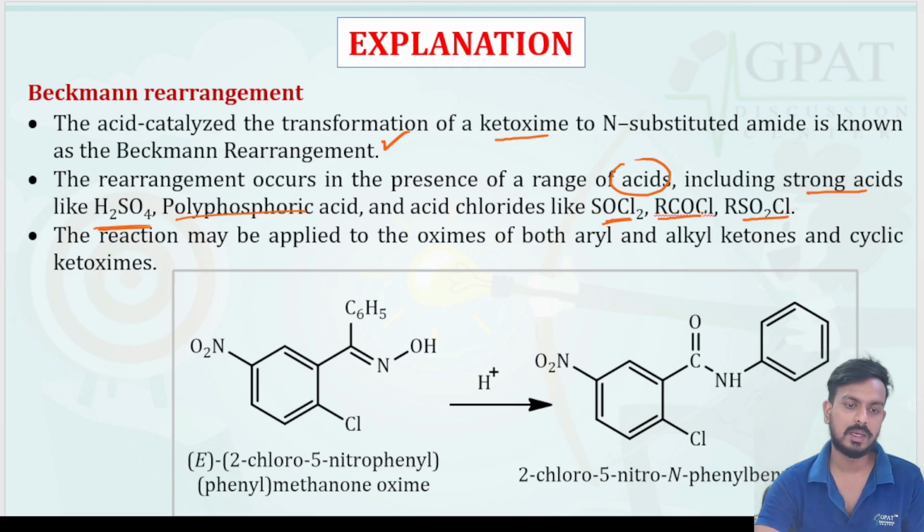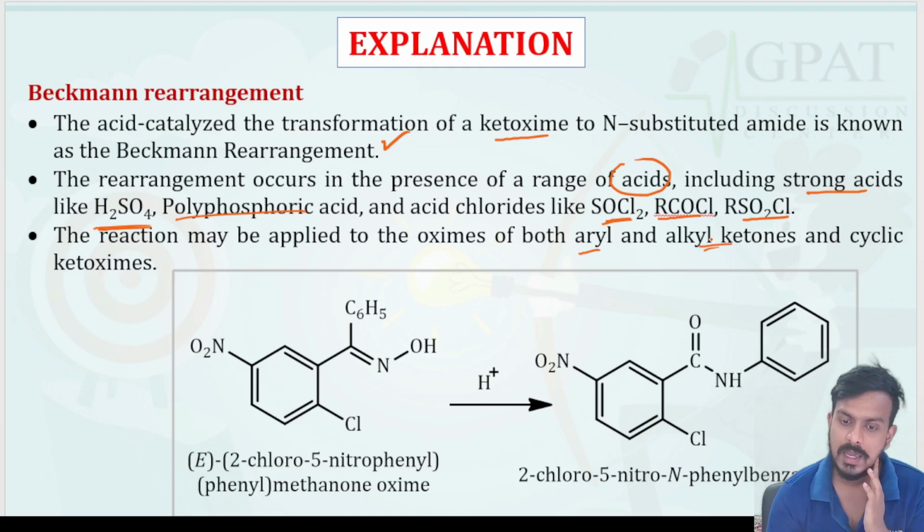So these are the acids it can react in the presence of. The reaction may be applied to the oxime of both aryl as well as alkyl ketones, and cyclic ketoximes.